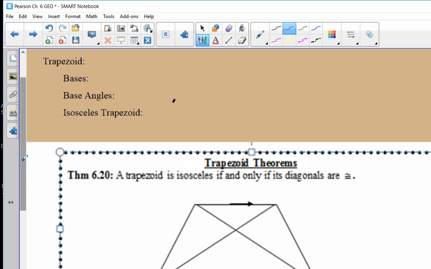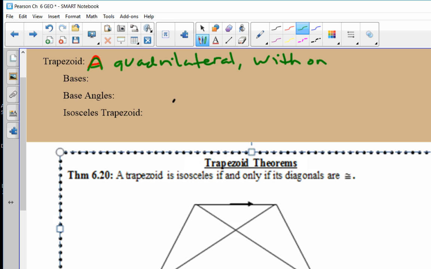A trapezoid is a quadrilateral. So if you want to write this stuff down. Okay, it's a quadrilateral, so it's a four-sided figure, and it's going to have one pair of parallel sides.